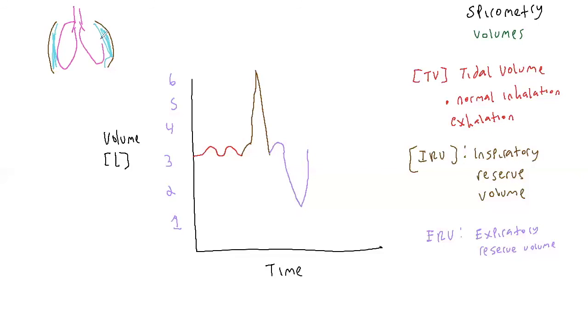I know, not the prettiest lungs in the world, but that didn't come out so bad. So you can see here that the lungs are always going to be partially inflated.